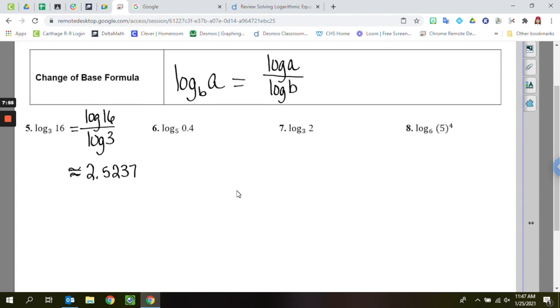So 3 to the 2.5237 is about 16. Number 6, log of 0.4 over log of 5. And negative 0.5693.